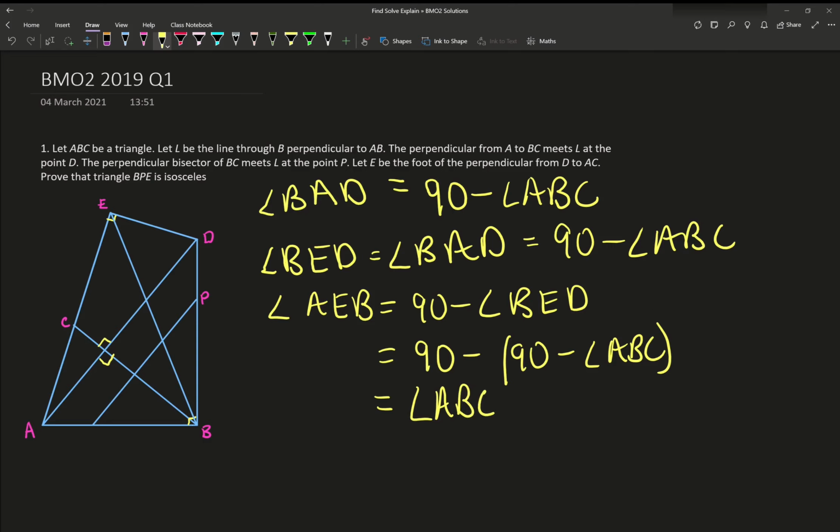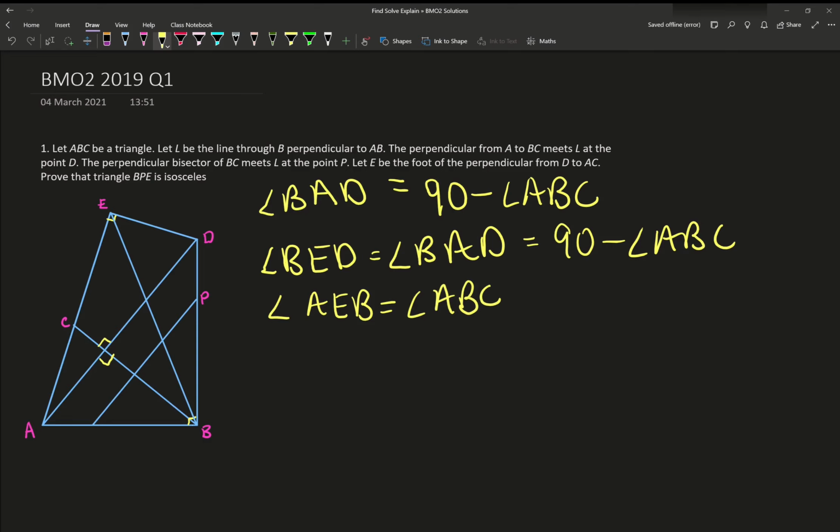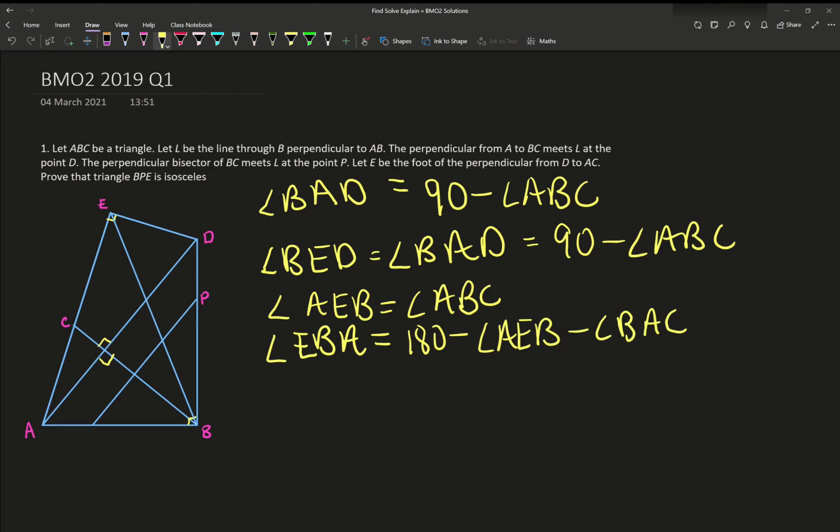So, okay, therefore angle EBA equals 180 minus angle AEB minus angle BAC. So this is simply because angles in a triangle add to 180 degrees. Equals 180 minus angle ABC minus angle BAC.